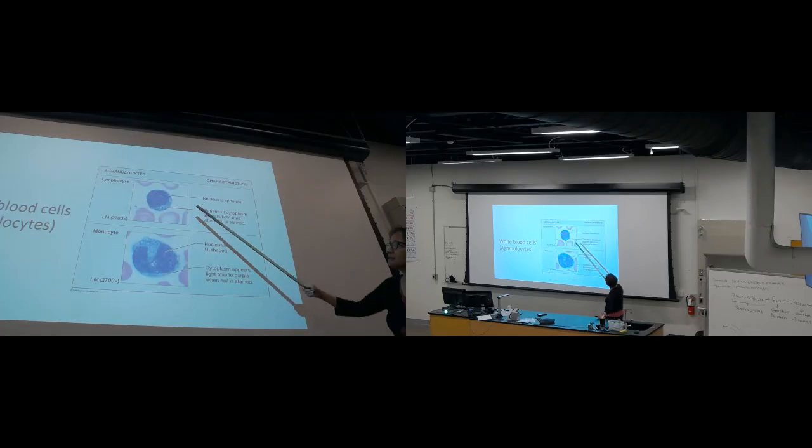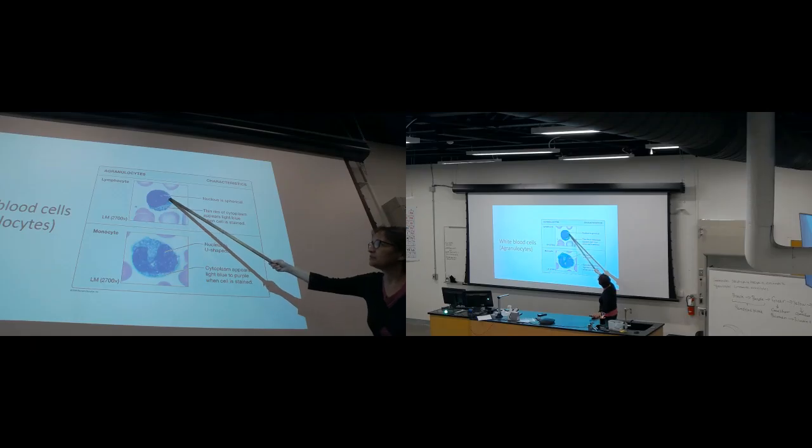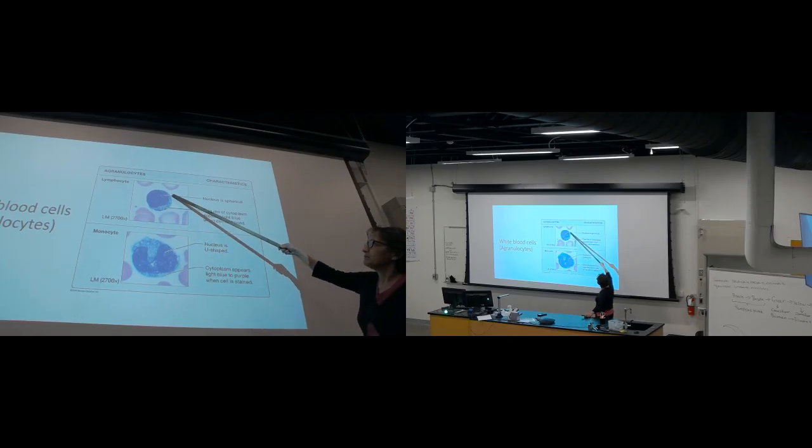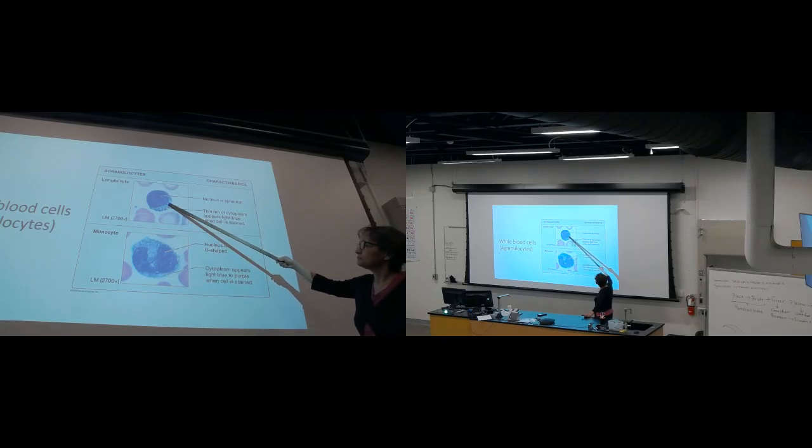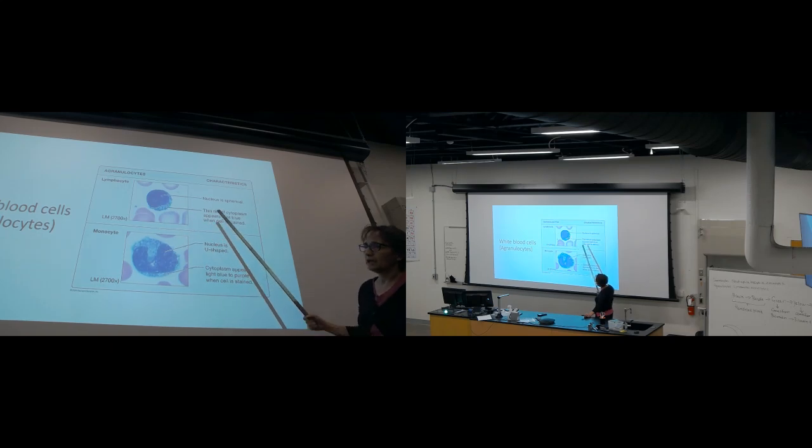Agranulocytes, like the lymphocytes, are easily recognized because they have a large nucleus and the cytoplasm is very thin. This is a lymphocyte that could be an NK cell, a T cell, or a B cell.